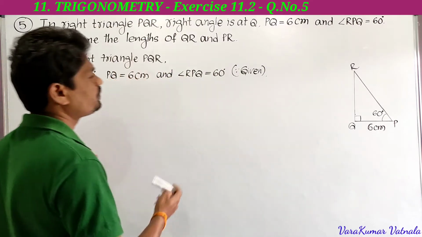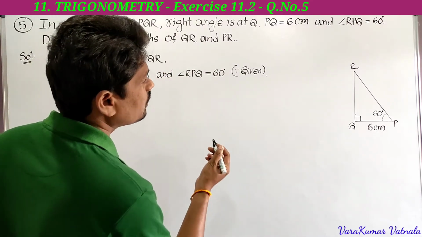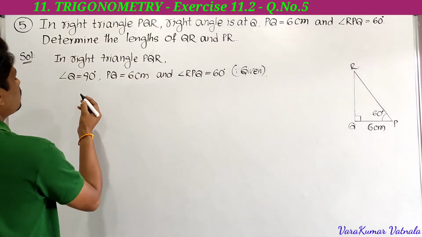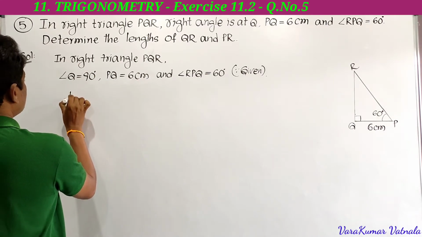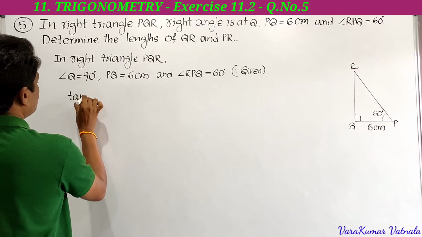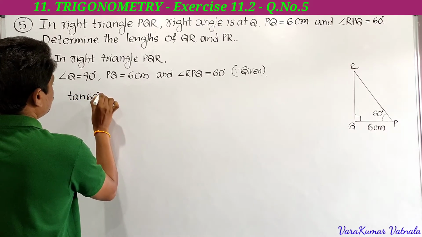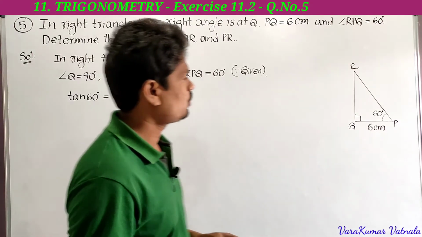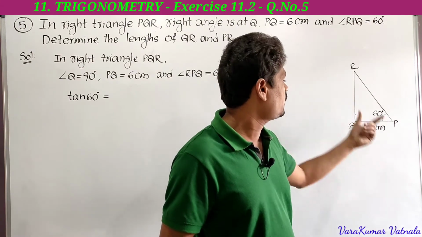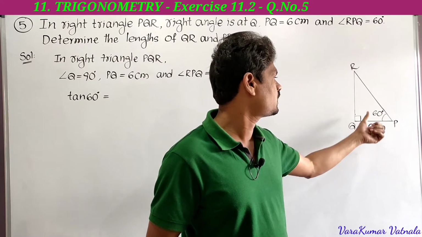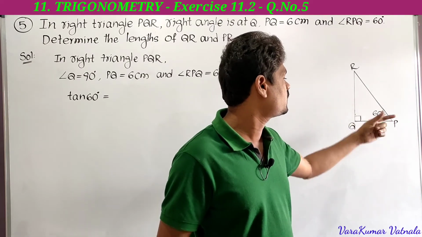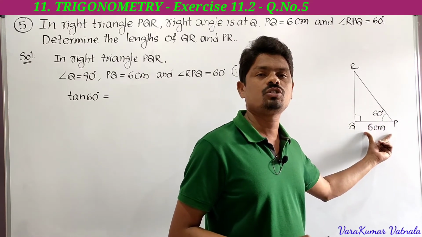From the triangle PQR, we write tan 60 degrees equals opposite side by adjacent side. Tan theta equals opposite side to 60 degrees divided by adjacent side to 60 degrees.